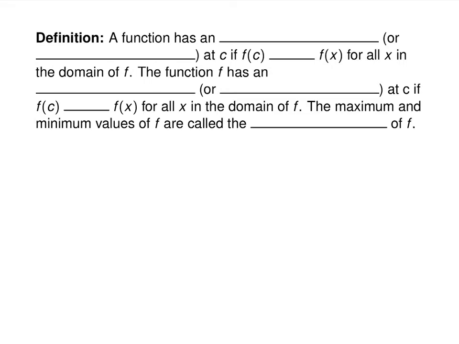Okay, so first, some definitions. A function has an absolute maximum, which is also called a global maximum, at some point C, if the y value at that C is bigger than or equal to the y value everywhere else.